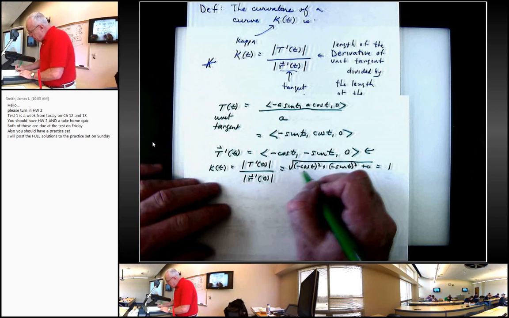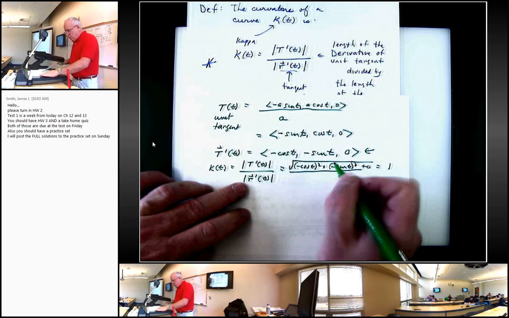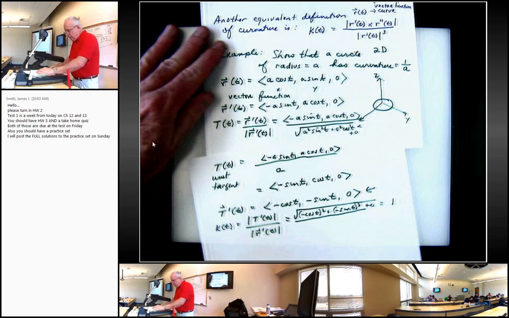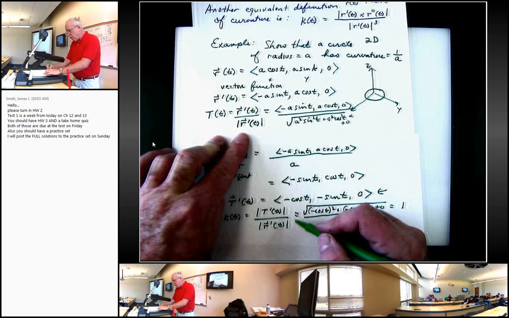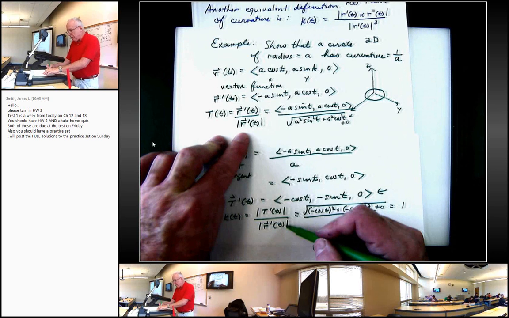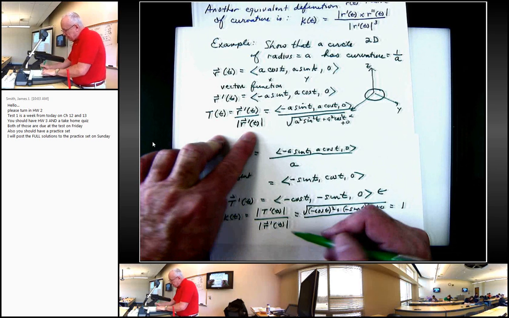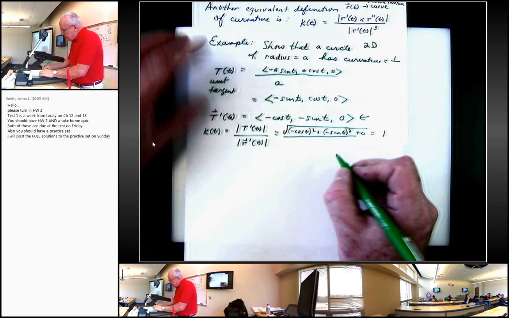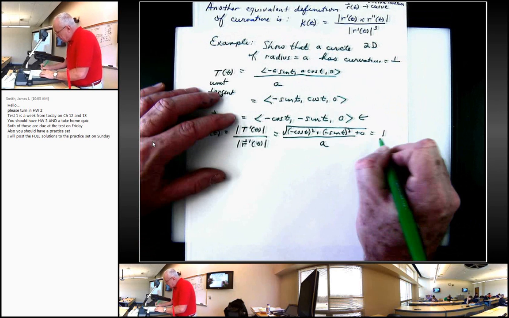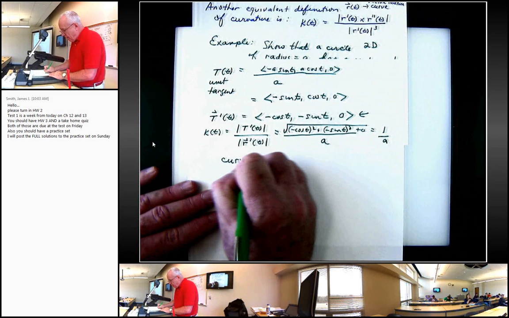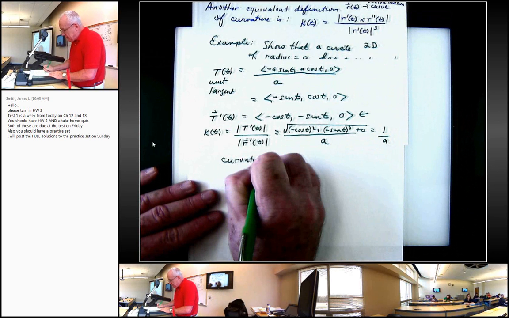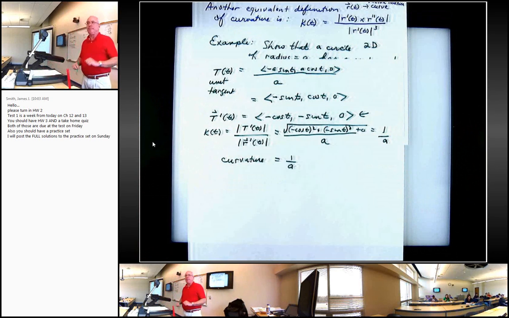Now, in the denominator, what did we get here? We had already figured out that the magnitude of R prime of T was equal to A. So that's A, and so we have an A there. So therefore, our curvature is indeed equal to 1 over A.